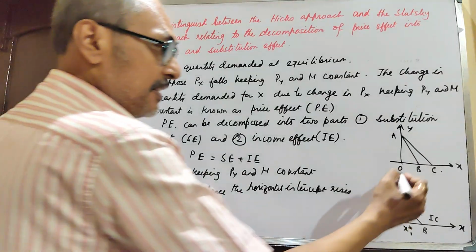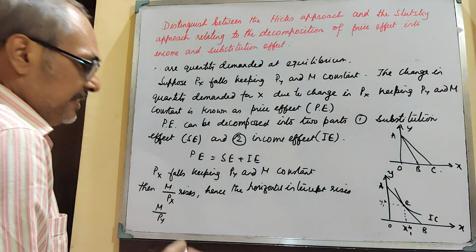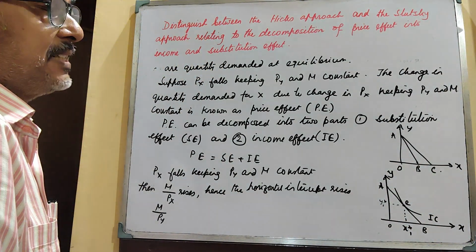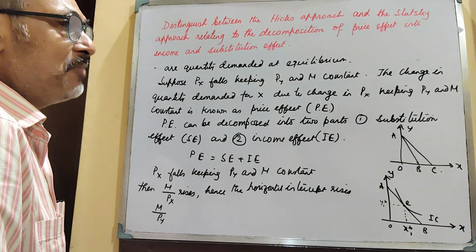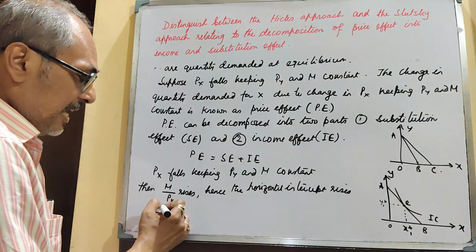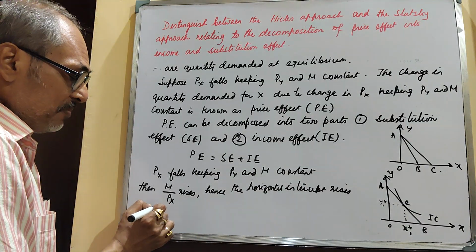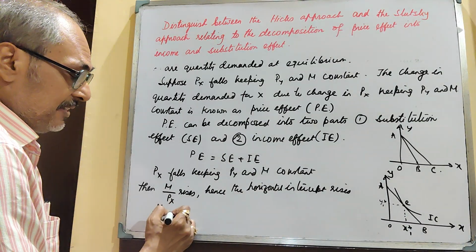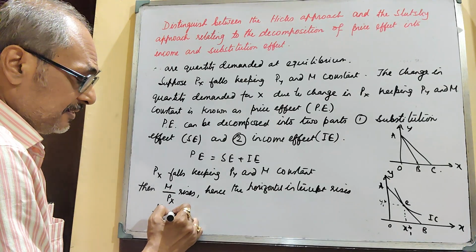M by Py is the vertical intercept, the maximum amount of Y that can be bought. M is constant, Py is constant. Therefore, the ratio is constant.